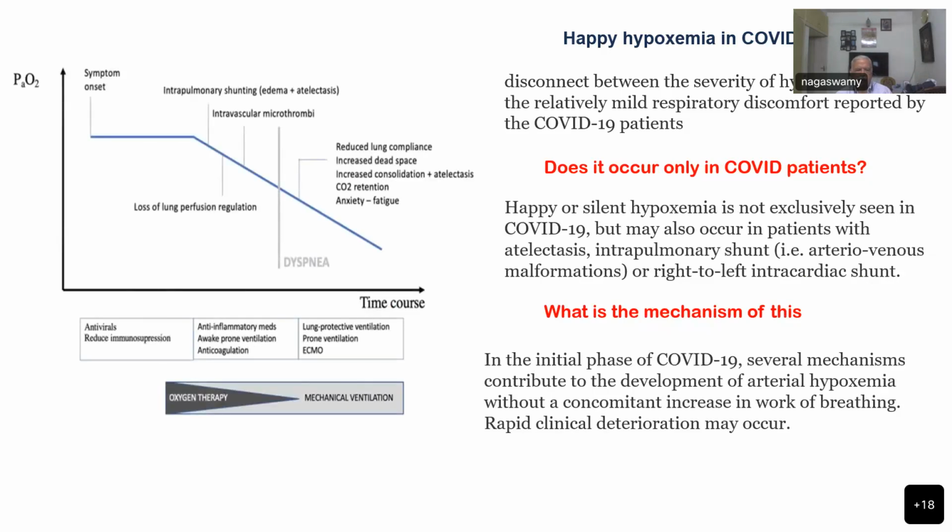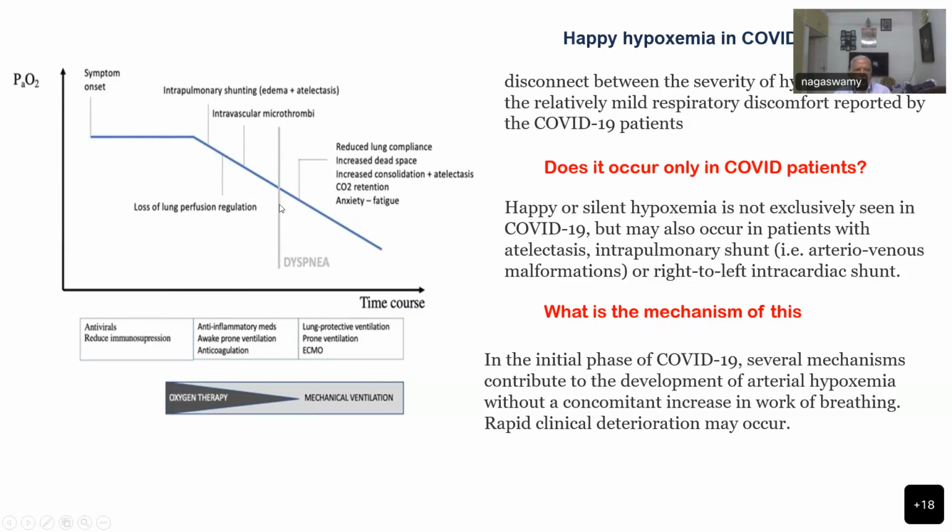So these are the various diagrams which show the symptom of onset. Then there is a plateau phase. Then there is an intrapulmonary stenting leading to edema, cases, intravascular microthrombi, loss of lung perfusion. So almost up to this stage, when all these changes happen, patient's PaO2 is slowly decreasing, but patient is not complaining.